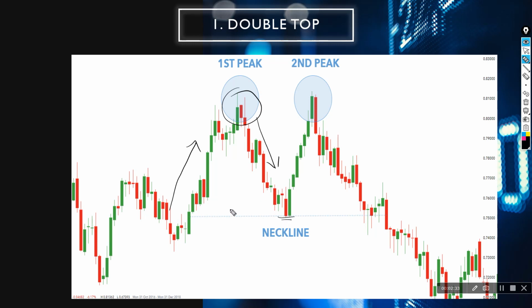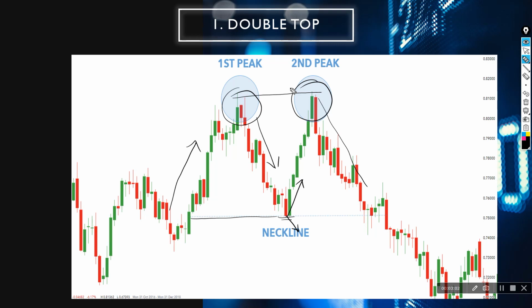Now please understand that we call this a neckline, and neckline is something like a temporary support on which the entire chart pattern will be based, right? So if you can see, there is a high that saw a rejection or that fell down. It did not break the neckline, but it bounced back up, formed another high which is almost equivalent to the previous high, and then it went down.